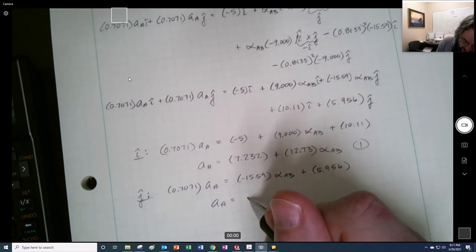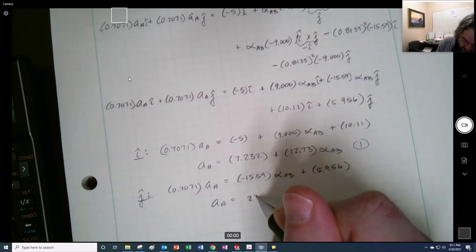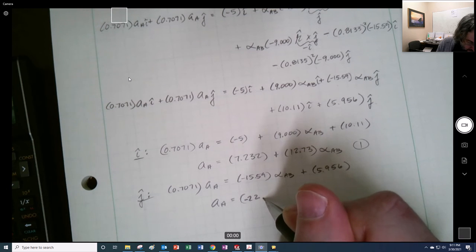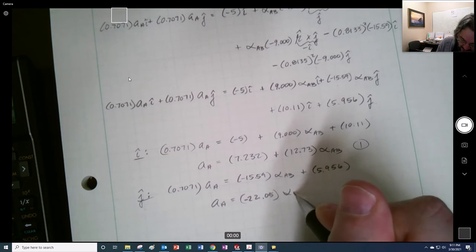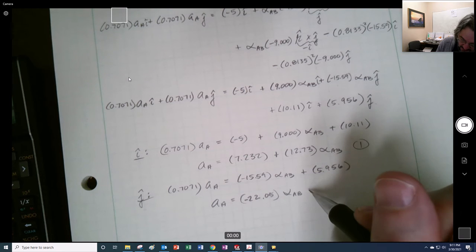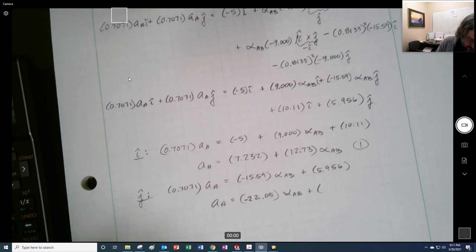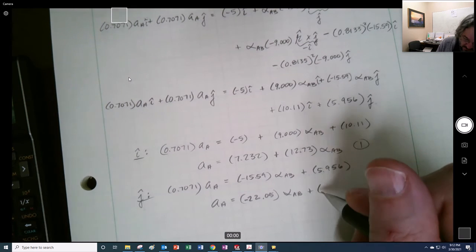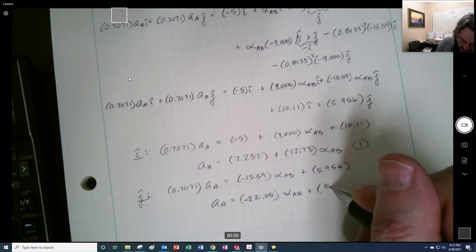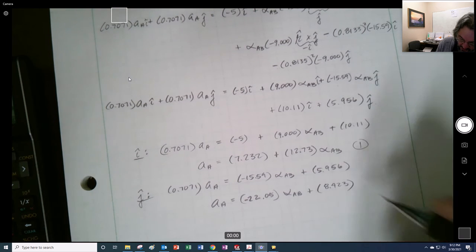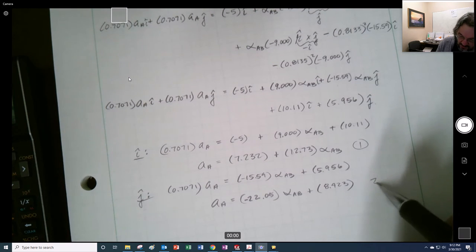So I get negative 22.05 alpha AB plus 5.956 divided by 0.7071 is 8.423. So this is a second equation.